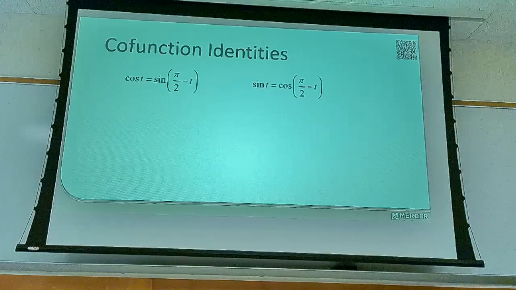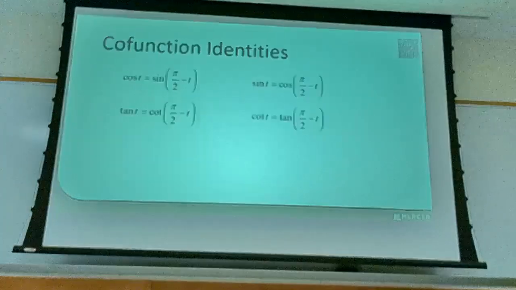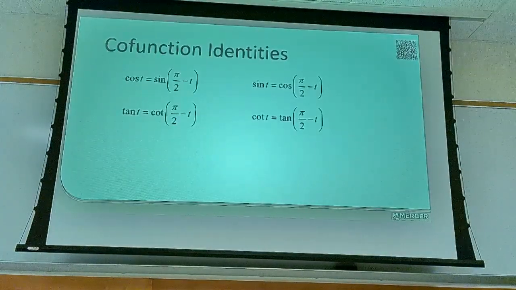Sine and cosine are cofunctions. Then you have tangent and cotangent, and secant and cosecant.